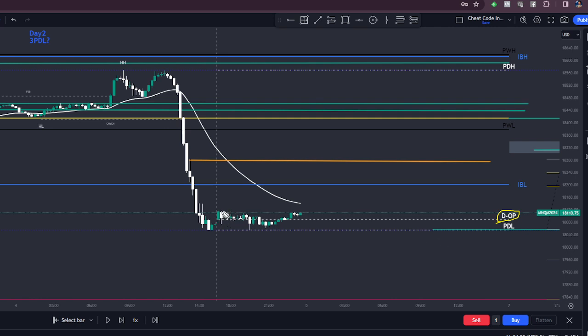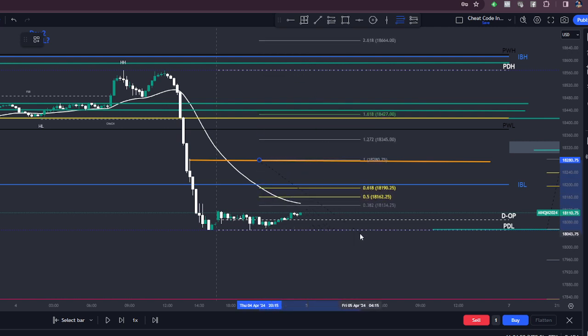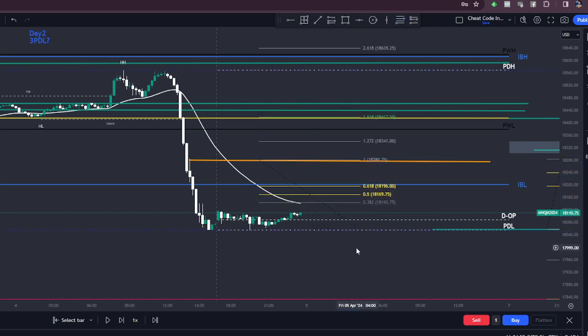So price could come through here, fake it out, and then go up long, or price could come up to the initial balance and then drop. Don't know. So I'm going to use this as my possible long trade.